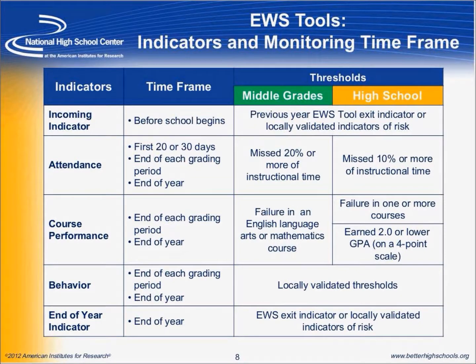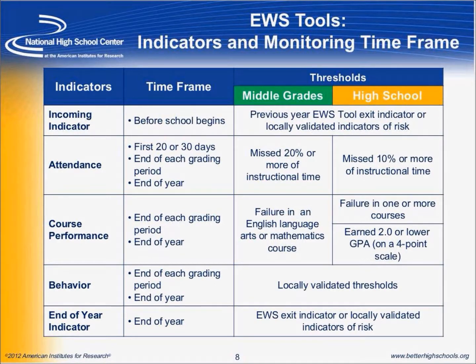A behavior indicator that is locally validated, as there's no consensus in the research about the indicator, but generally when used and validated locally, educators tend to use referrals and suspensions. And then there's an end-of-year indicator, which provides a summative assessment of the student's year and can become the incoming indicator as a student progresses to the next grade.